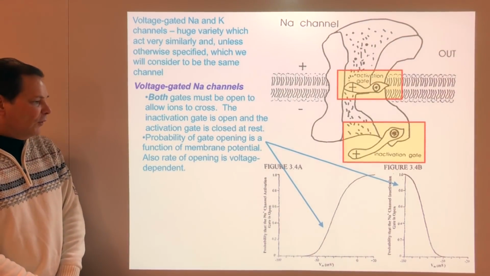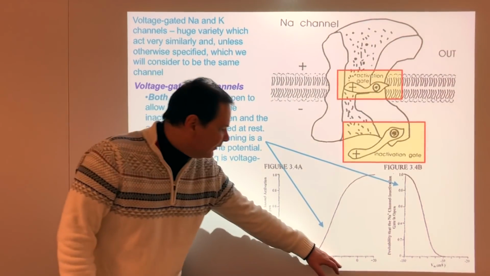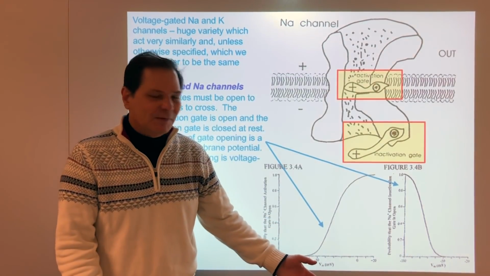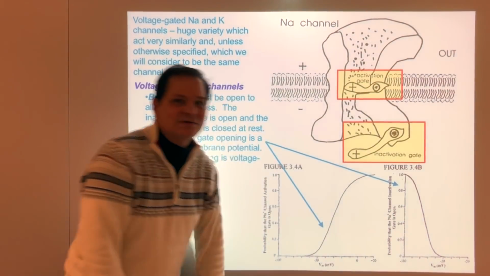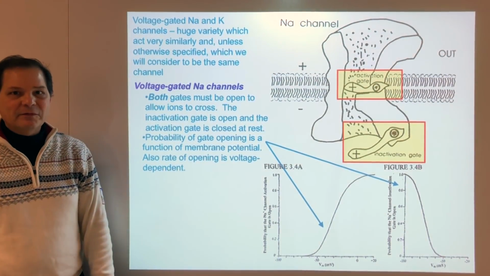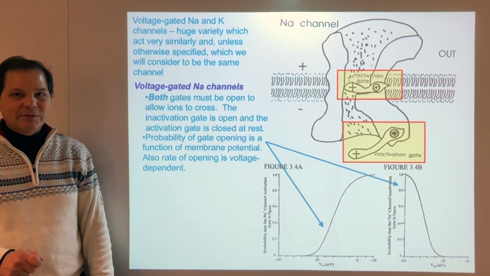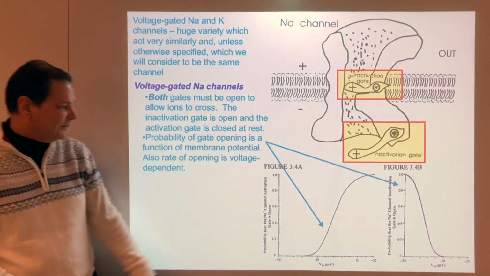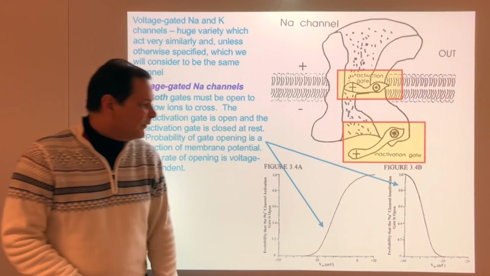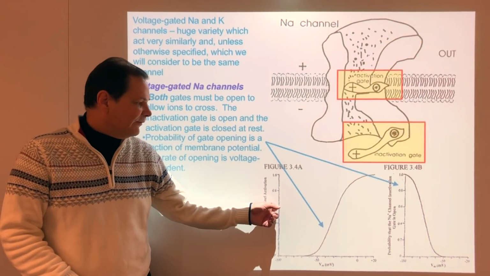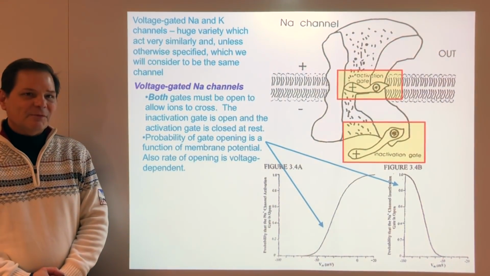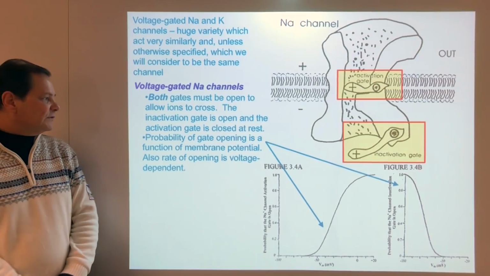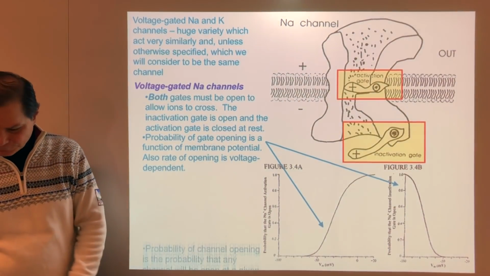And you will also note that the higher the voltage goes, the faster these gates open, and the higher the voltage goes, the faster the inactivation gates close. So there is a speed factor as well in here. That is not accounted for in these graphs because all we have is probability of opening, but you should note that the rate at which they open does increase as the voltage goes up as well, okay?